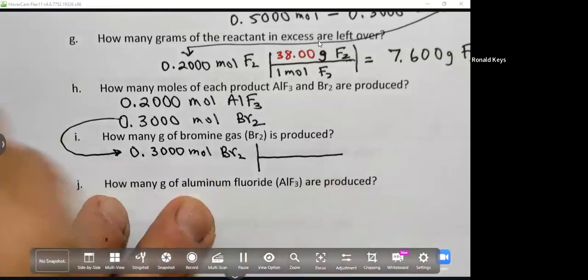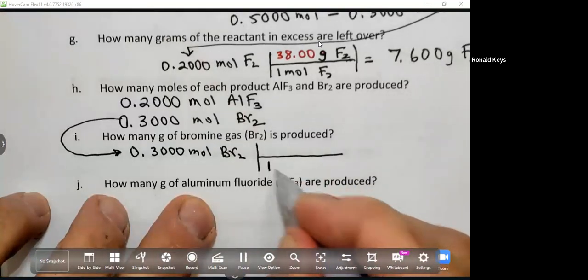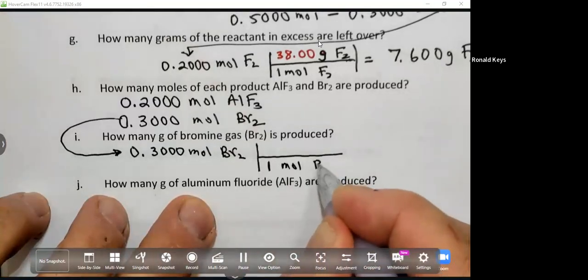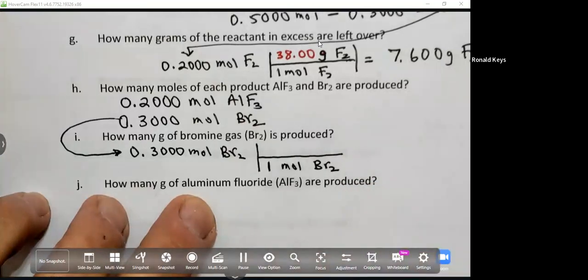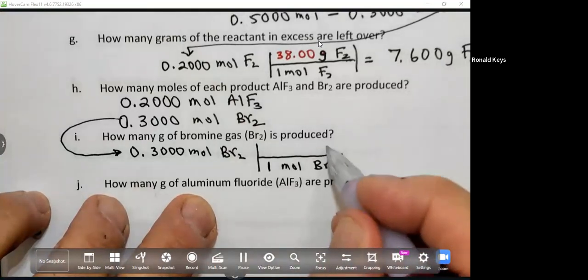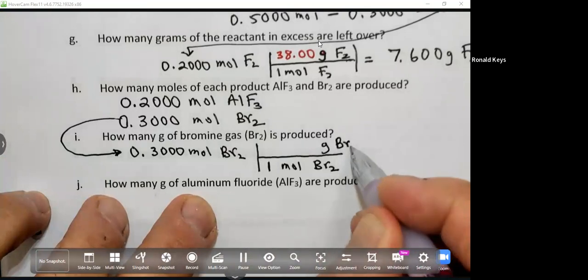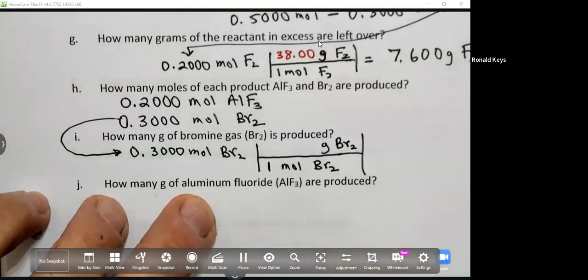And then one mole of bromine. Grams of bromine.